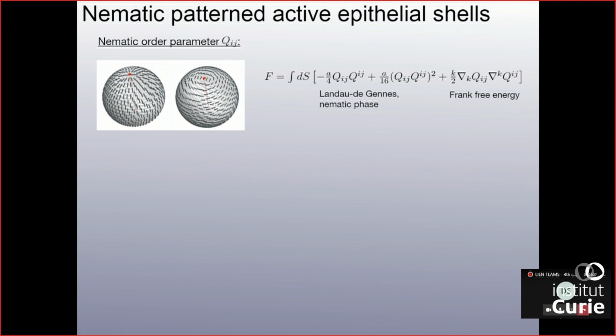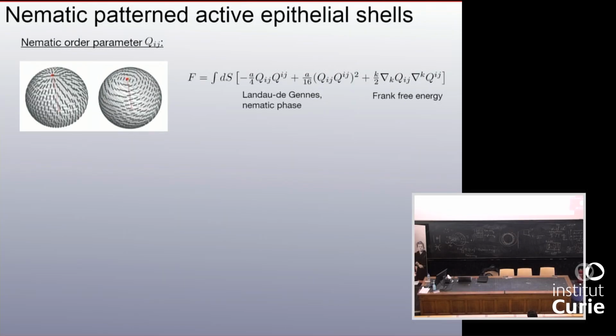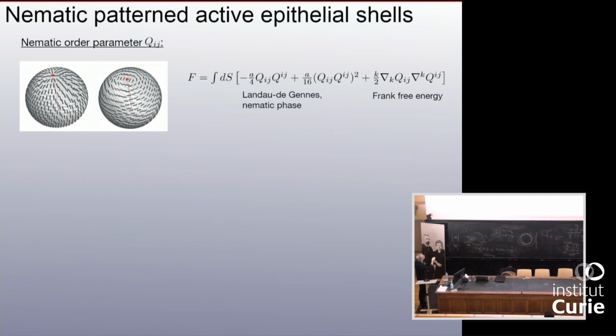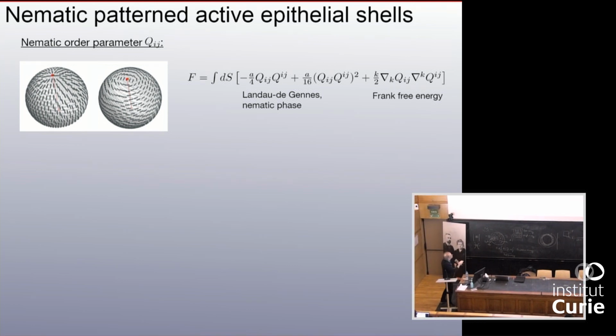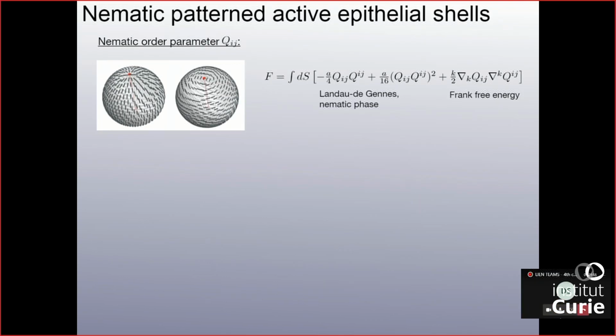Assume now that, because of cell polarity or cell nematic order, there is a nematic field on the surface, and this nematic field is assumed to minimize an effective energy, which has two parts. The Landau-de Gennes part says that the system is in a nematic phase and wants to be ordered, and the Frank free energy is the same distortion energy that I was writing here. It says that the directors want to be parallel to each other spatially.